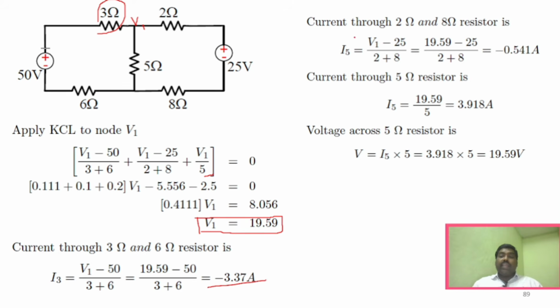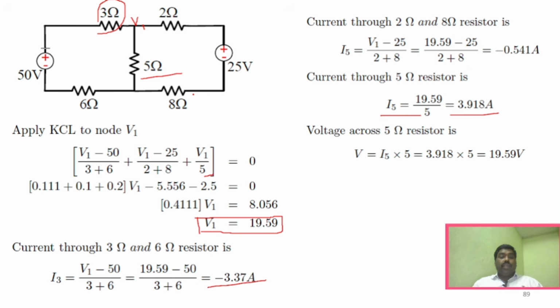You can neglect the negative signs. Similarly, for the 5 ohm resistor, you can use V1 divided by 5. You can see here, V1 is 19.59 divided by 5, and you will obtain this particular value, right?